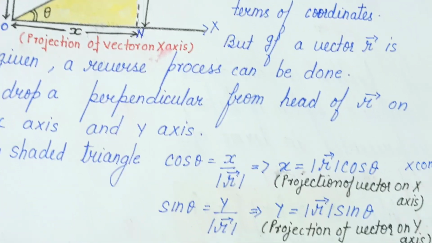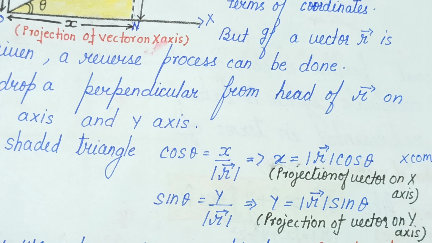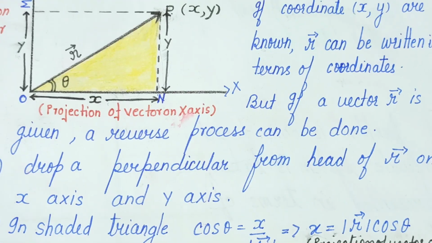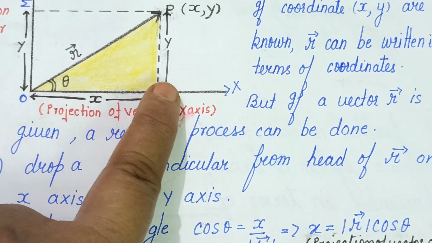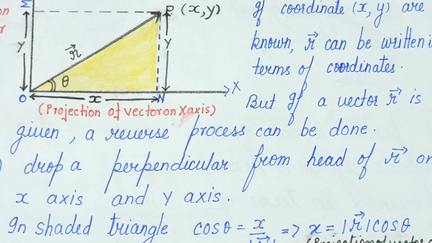Because every time we are not going to use trigonometry and write all this. We will directly say that the component which is making angle theta with the vector is the cos component.